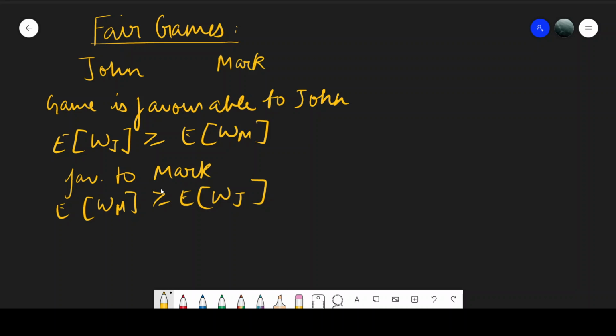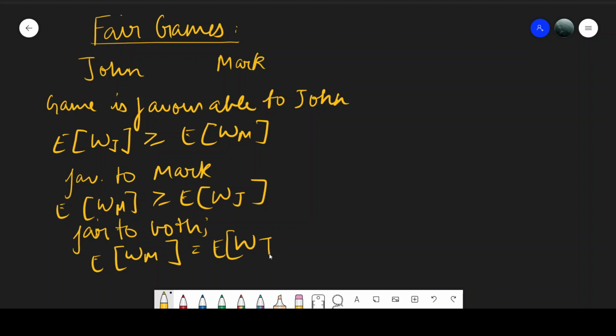With this same logic, I can say that if the game is favorable to both players, or if the game is fair, then the expected winning of Mark is equal to the expected winning of John. No one has the upper hand here.